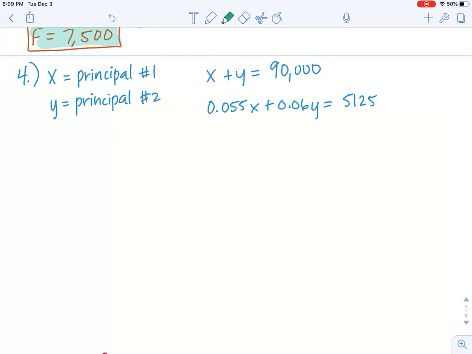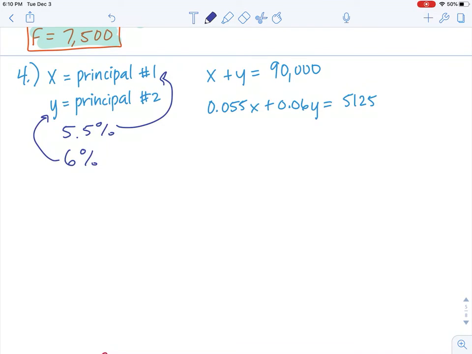Then we know, according to the interest, that for principal number 1, we had an interest rate of 5.5%. And then for principal number 2, we had an interest rate of 6%. So that's why the numbers are in front of X and Y for the second equation.